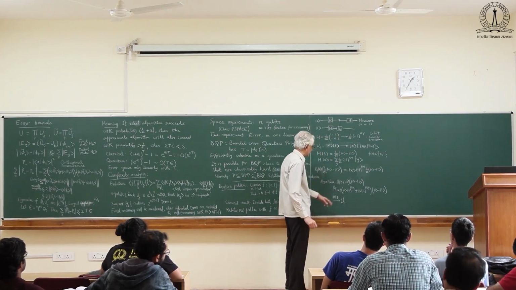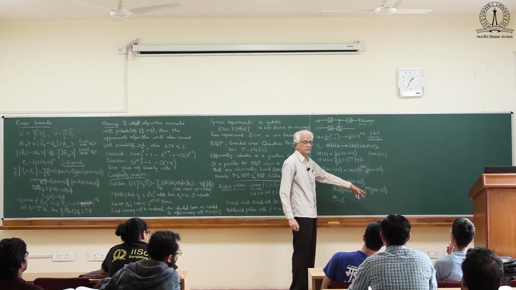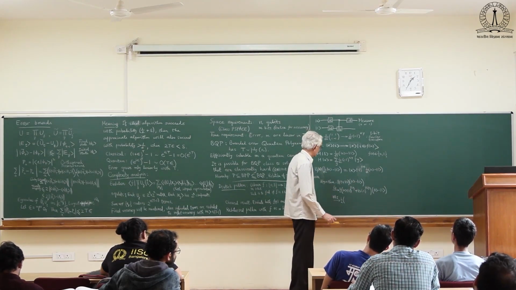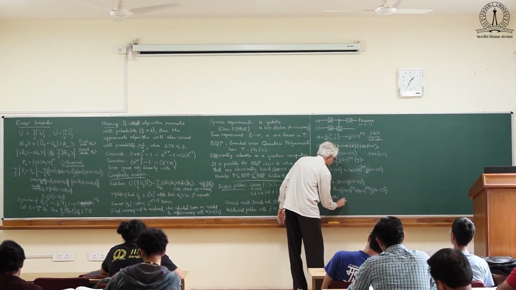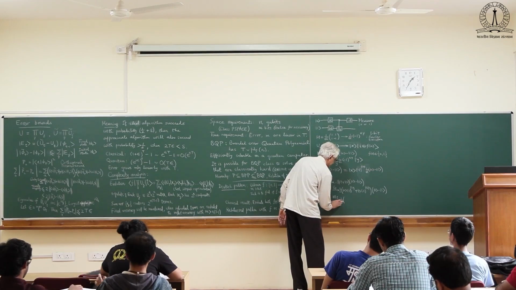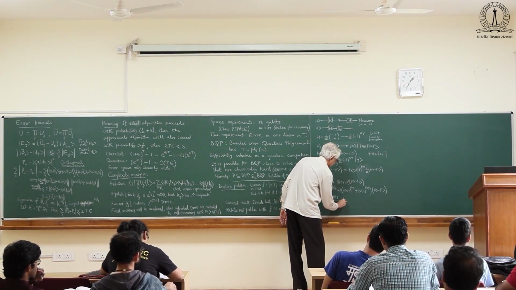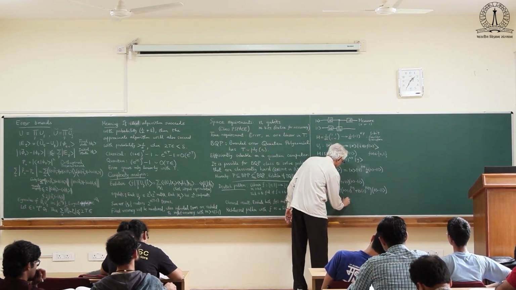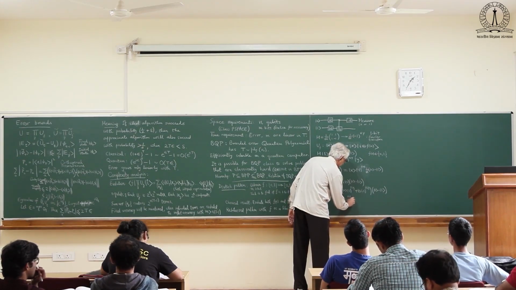And what will happen? 0 will become (0 plus 1) by root 2, and 1 will become (0 minus 1) by root 2. And I will write the terms combined together.